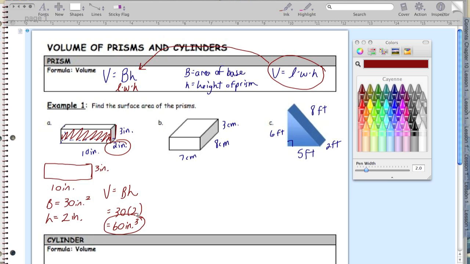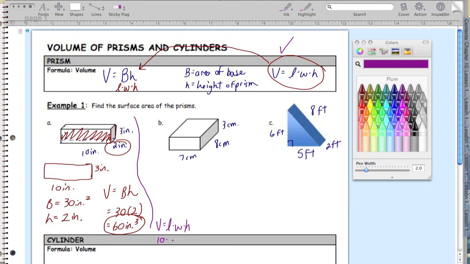Now let's just say real quick, before we go on to part B, because this is a rectangular prism, I can use this other formula. Let's see if we would have gotten the same answer. Volume is equal to length times width times height. Only for rectangular prisms can you use that one. Length, 10.